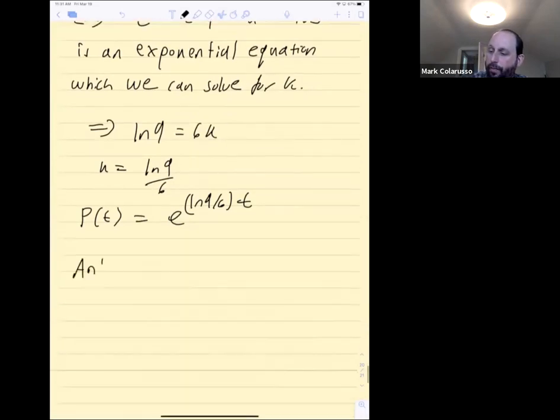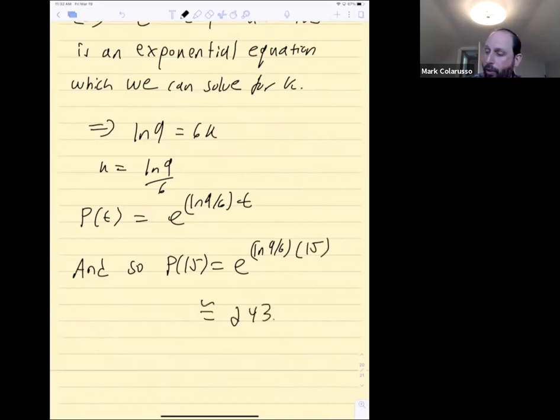And so P of 15 you can compute is e to the ln 9 over 6 times 15. If you punch this out on your calculator, you get approximately 243.